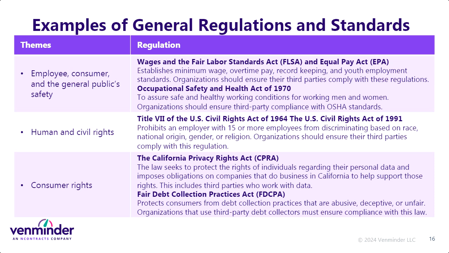And we also have things that are specific to protecting consumer rights, like the California Privacy Rights Act or the Fair Debt Collection Practices Act. Now, these are just a few of the many examples we can share, but I wanted you to get familiar with these types of regulations that can cover a really broad range of businesses and industries.